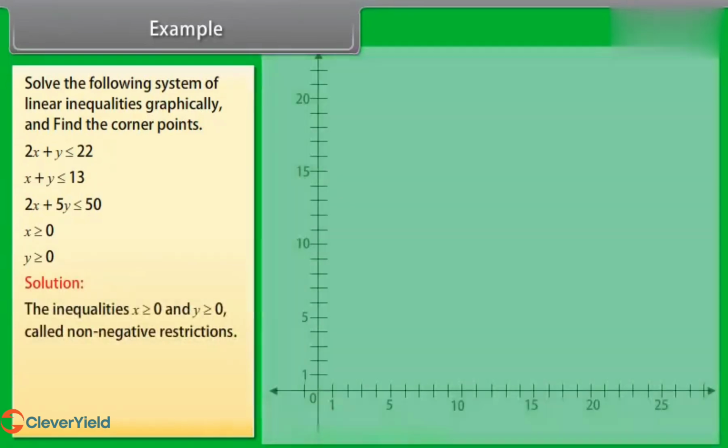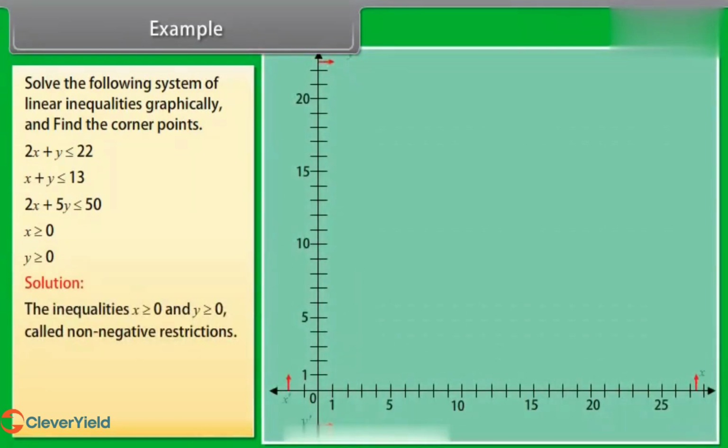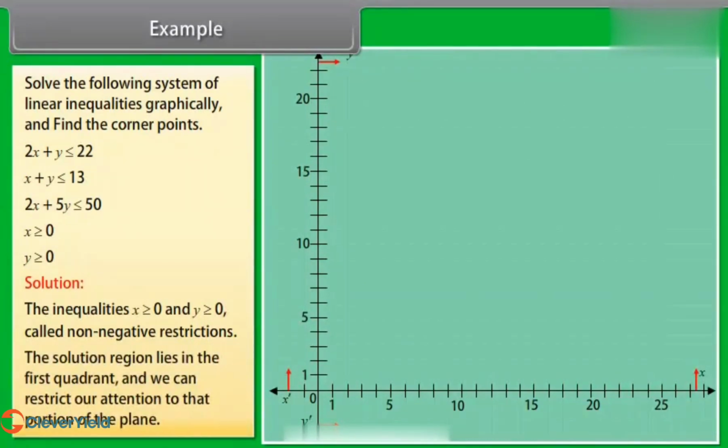Solution. The inequalities x greater than or equal to 0 and y greater than or equal to 0 are called non-negative restrictions. The solution region lies in the first quadrant, and we can restrict our attention to that portion of the plane.